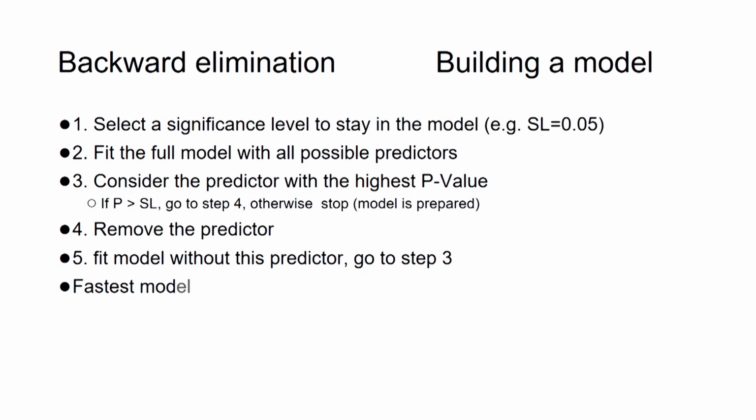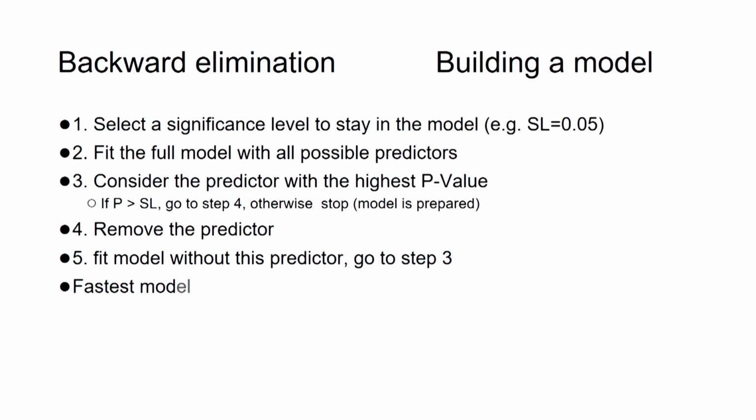Then fit the full model with all possible predictors. So, you take all the independent variables, all the predictors, in your model and fit your model. Then consider the predictor with the highest p value. You check for which independent variable the p value is the highest, and if that p value is greater than this significance level, then you will remove this predictor.